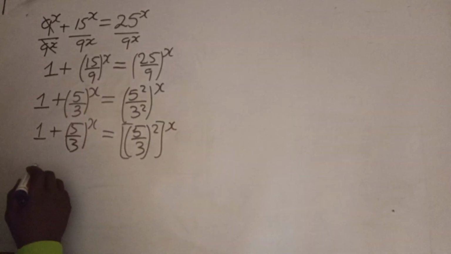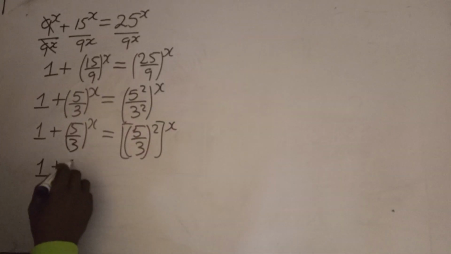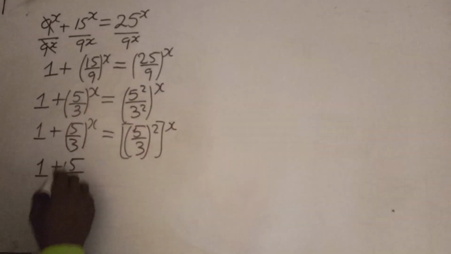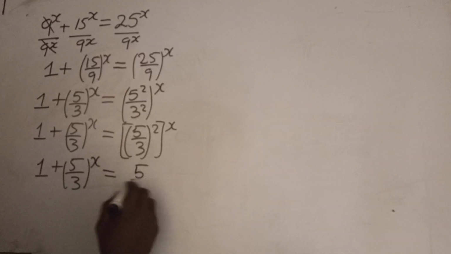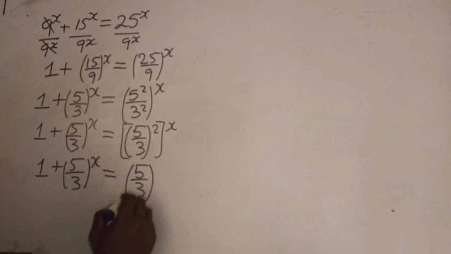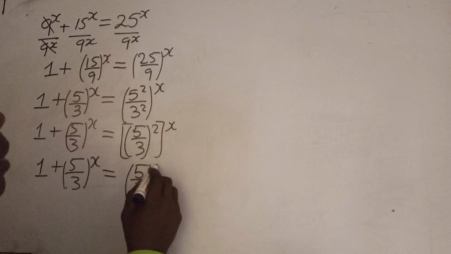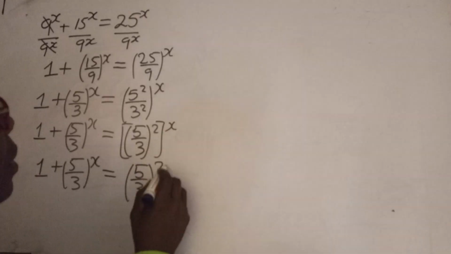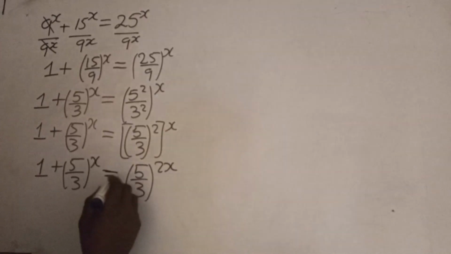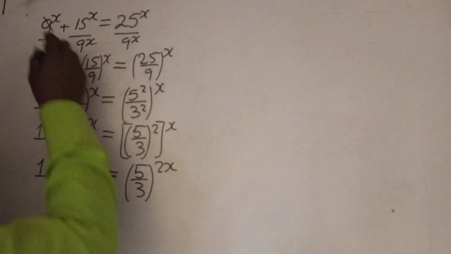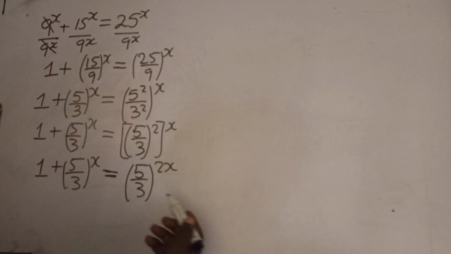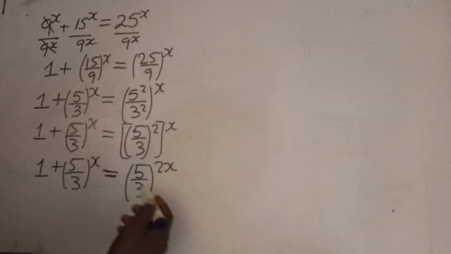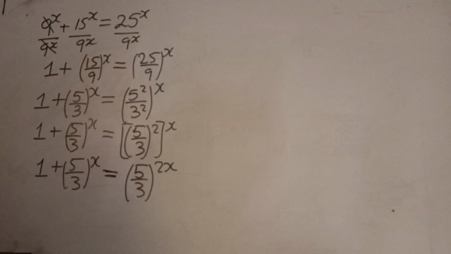Power to the power law again, we have 1 plus 5 all over 3 to the power x is equal to 5 all over 3 to the power, we multiply out this power, 2 multiplied to x, it gives us 2x. So our exponential equation is now transformed to this. This equation is the same as that, mathematically speaking.